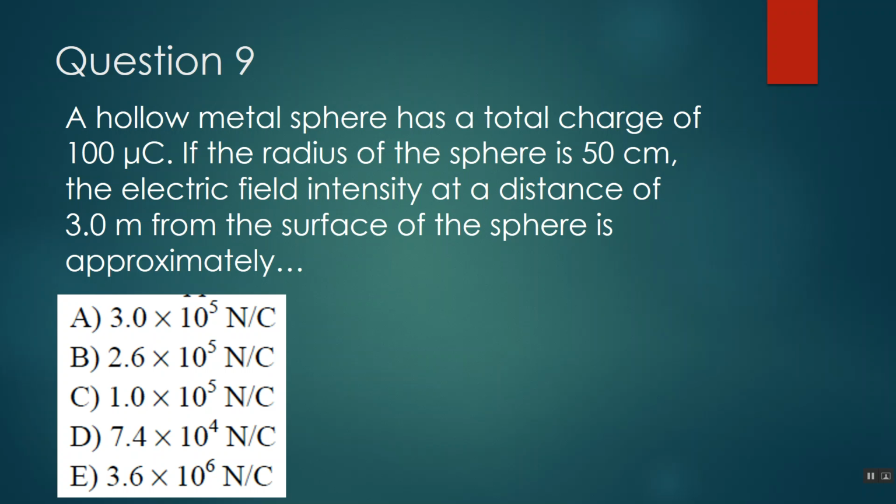So I don't need to do all that Gauss's law stuff for this one. I just need kq over r squared is equal to E. So 9 times 10 to the 9 multiplied by the charge, which is 100 times 10 to the minus 6 coulombs, divided by the distance, which is 3.5 squared, because remember it's the distance to the center. That should give me my electric field strength at that far away.